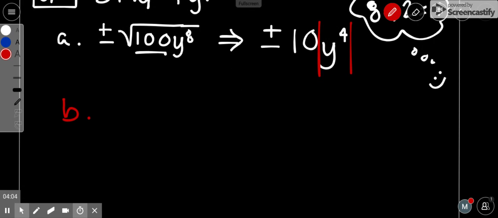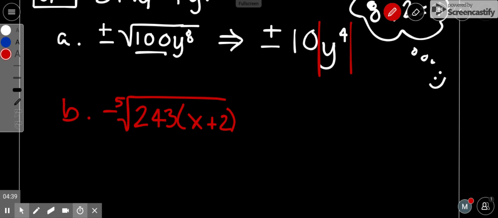So another example. I'm still in red, so I guess this example is going to be in red. I don't want to do a square root. Let's do something else. Let's do the opposite of the fifth root of 243 times x plus 2 quantity to the 15th power. Now here we have an odd index, so we don't have to worry about the absolute value sign.